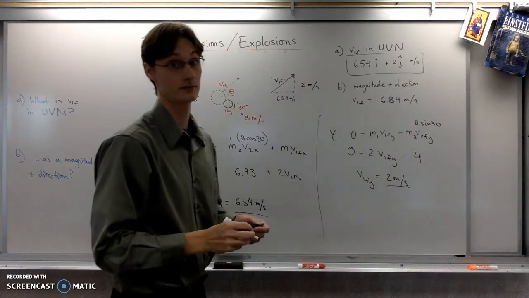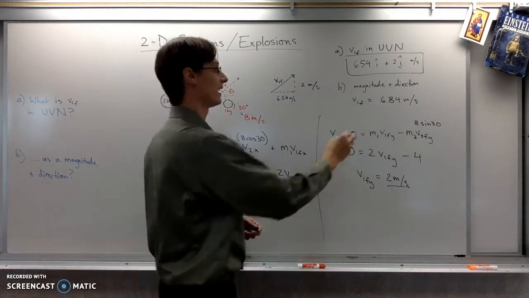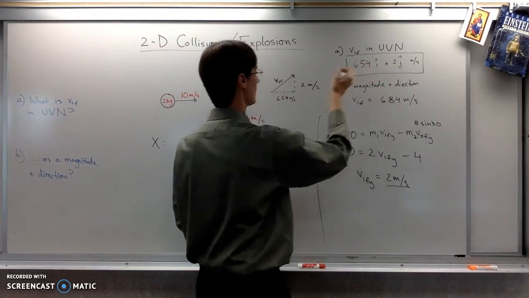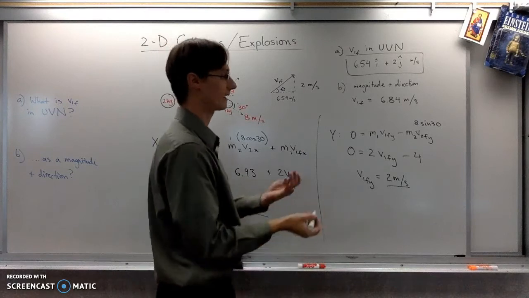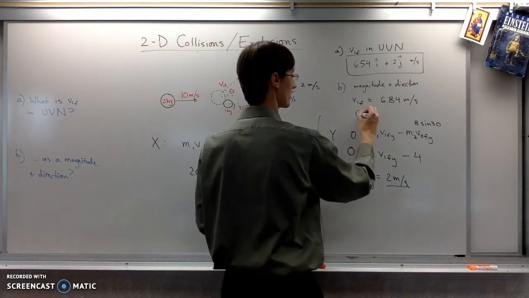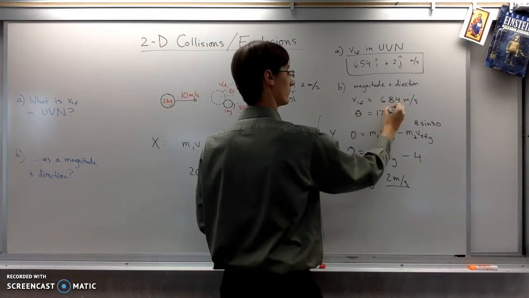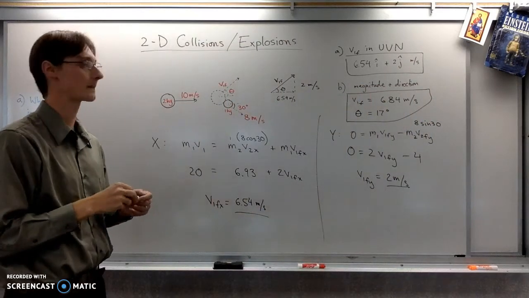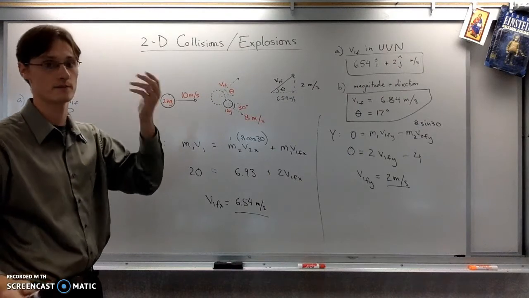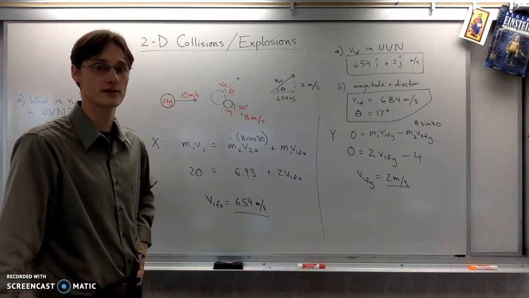I did that in my head. That's not true. Okay. And the direction is going to be inverse tangent to give us, as it turns out, 17 degrees. All right, so there's all of our answers.